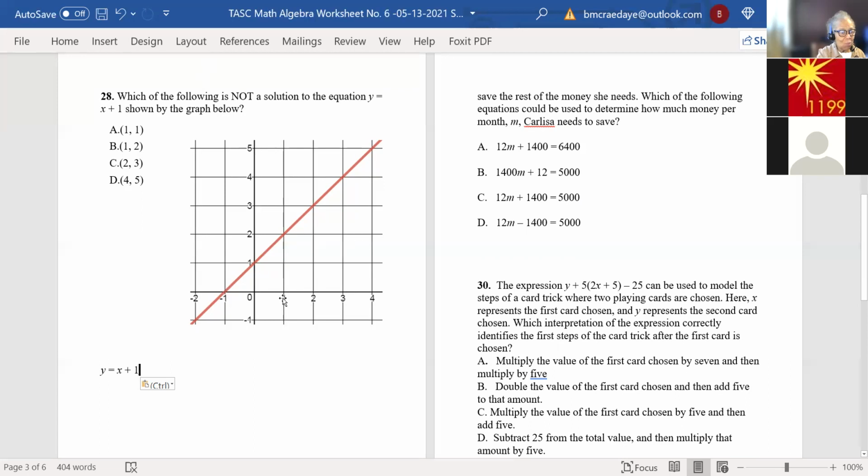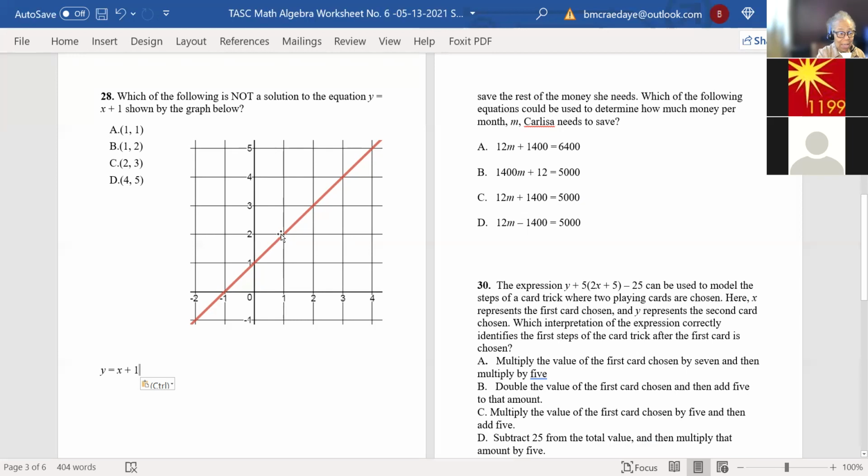So when x is 1, what is y equal to? Go up to the red line. x is 1, y is what? It's right here, 2. That's right. When x is 1, y is 2.